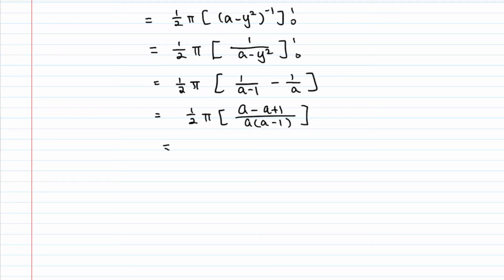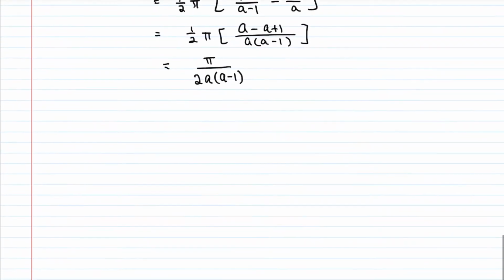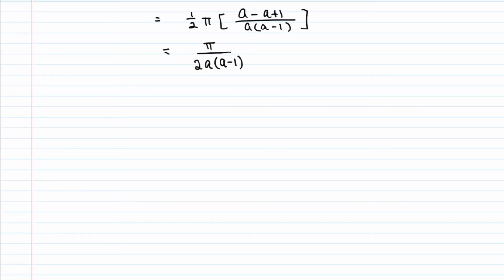And your answer will very simply be pi over 2a times a minus 1. Alright, so that's your answer. Very, very simple part on the volume. So you can always write units cubed.